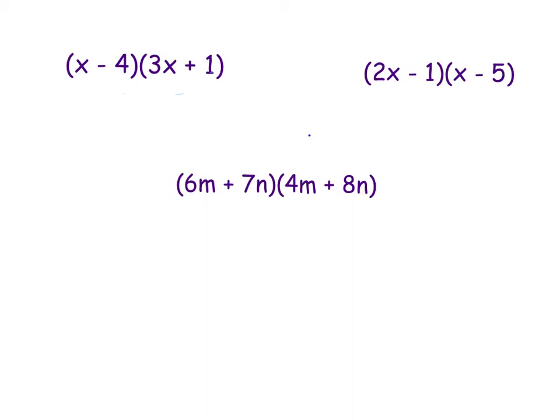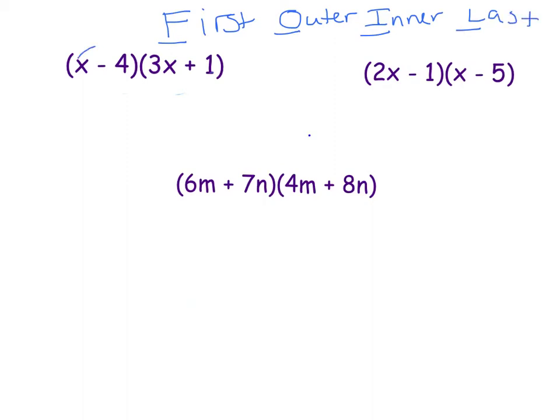So first, outer, inner, last. So FOIL. So my first, x times 3x is 3x squared.